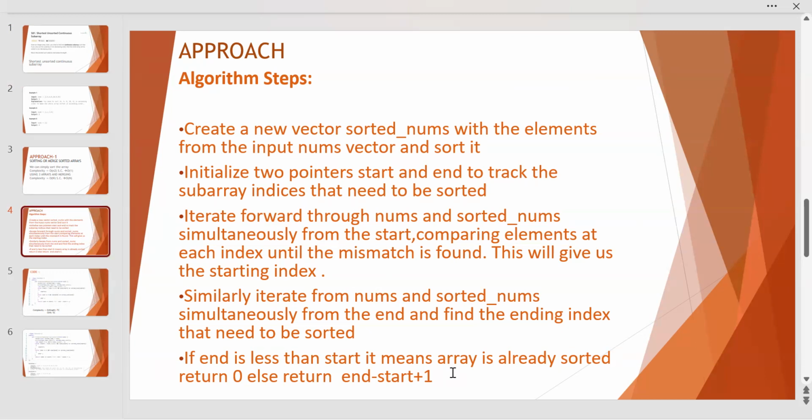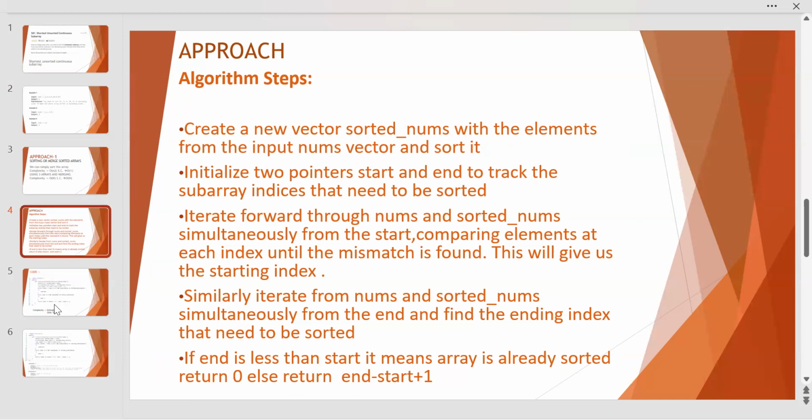Now we apply one condition: if end is less than start, that means the vector nums provided to us is already sorted, so we directly return 0. Otherwise, we will return end minus start plus 1. End minus start plus 1 denotes the length of that subarray. I hope the approach is clear to you all.